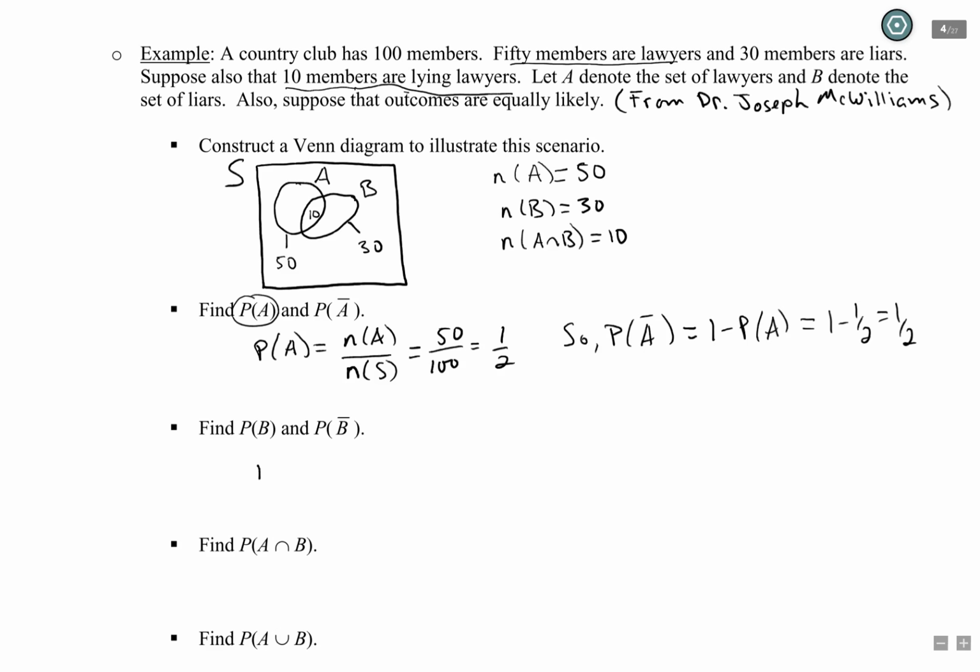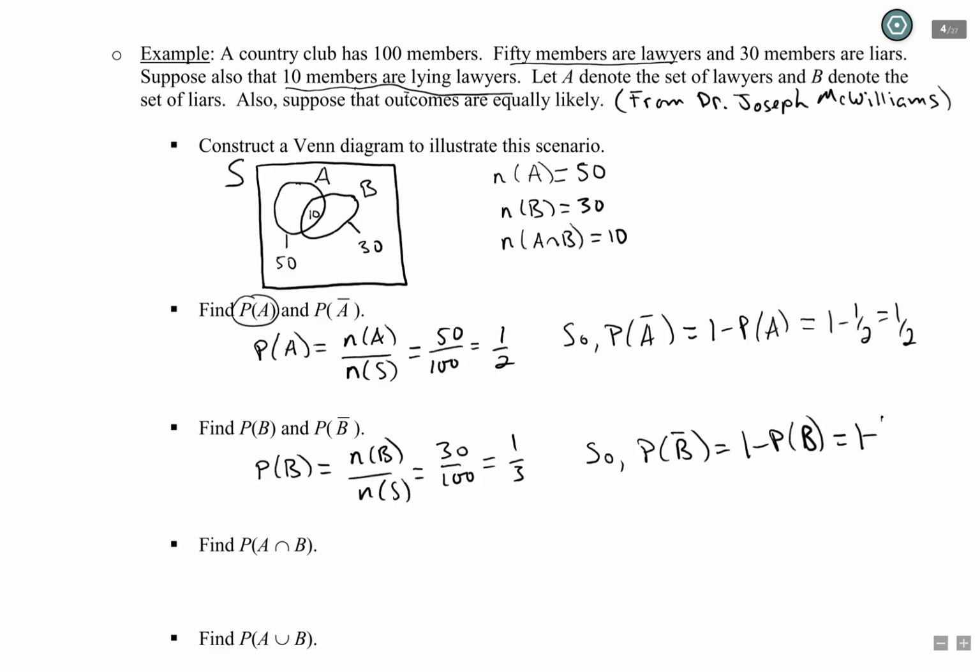In a similar way, P of B, the probability that a person drawn is a liar, is the number that are in B divided by the number that are in S. Okay, number that are in B, there's 30 out of 100 in S. So this is 1/3 there. And so also P of B complement, using the complement rule, would be 1 minus 1/3 or 2/3.